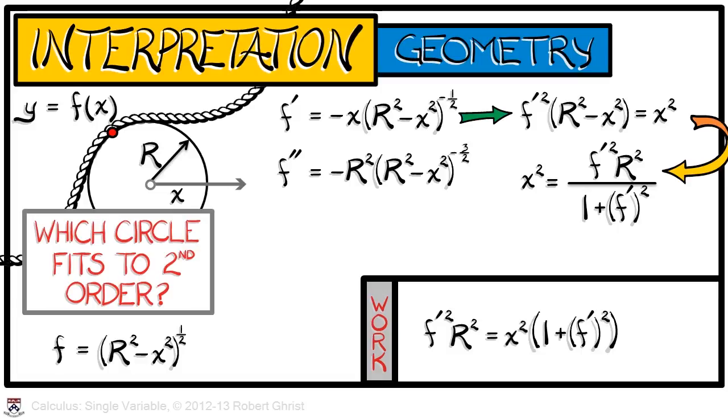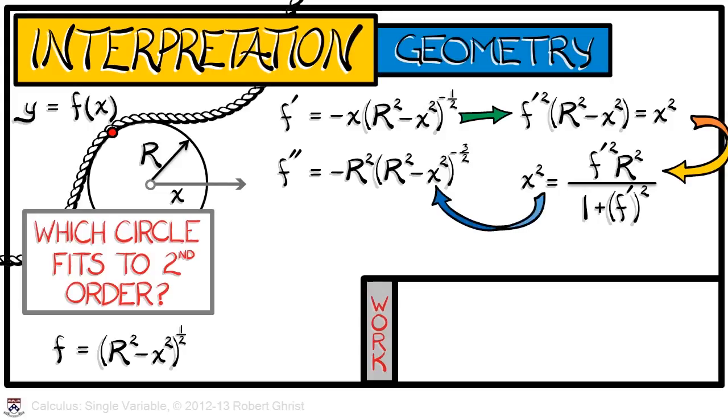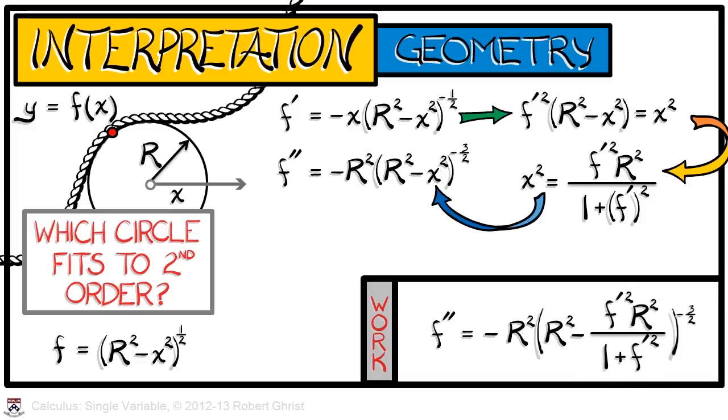Now, we can substitute that into the second equation, the equation for f double prime, and so eliminate the x variable. When we do that substitution, what are we going to get? We'll get that f double prime equals negative r squared times (r squared minus f prime squared times r squared over 1 plus f prime squared), all of that to the negative 3/2.